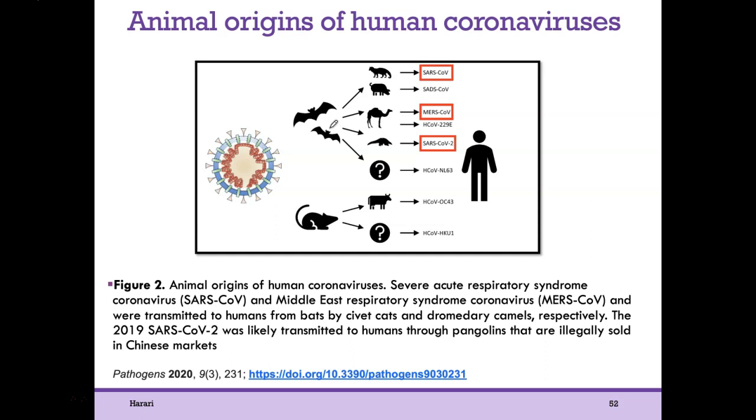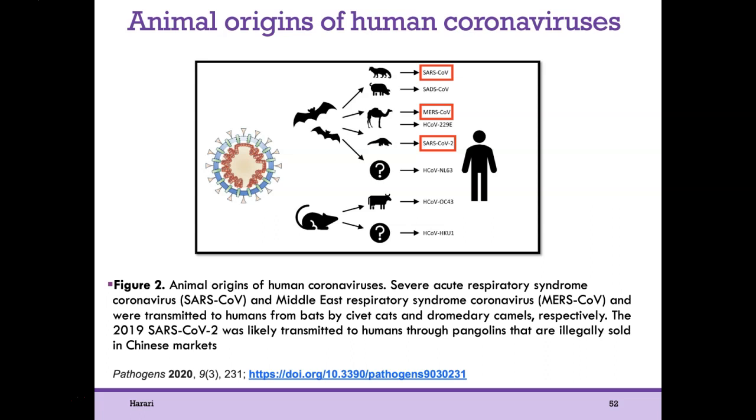We're still learning a lot of information, but it is likely that bats, which naturally have lots of viruses, they're reservoirs for lots of different viruses, might have spread the virus to pangolins, which are animals that are illegally sold in Chinese markets. And then these pangolins might have spread the virus to humans.